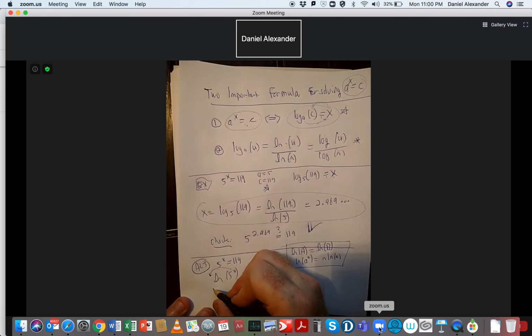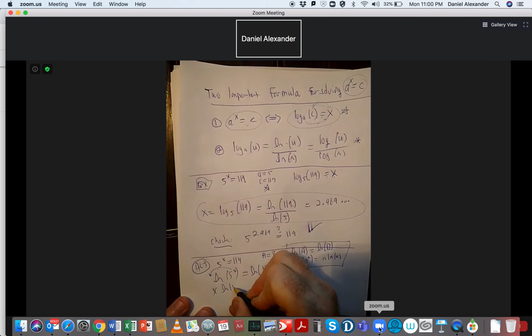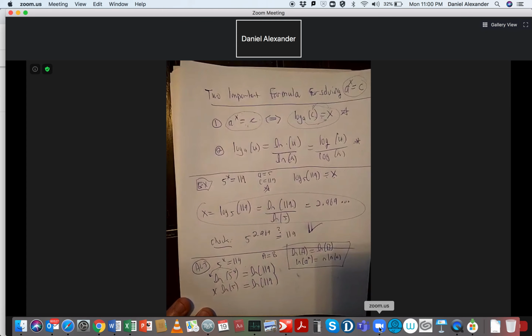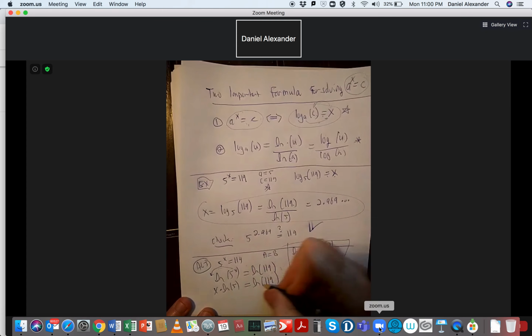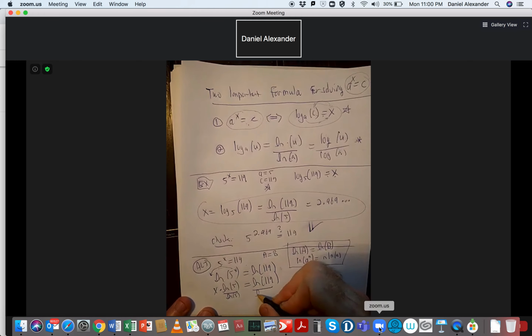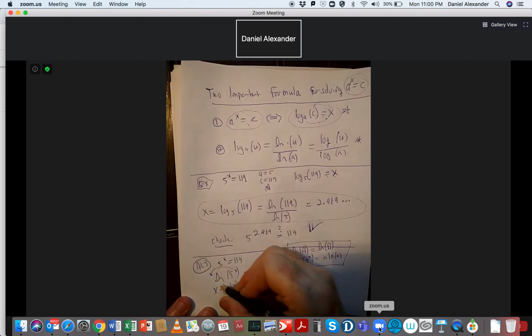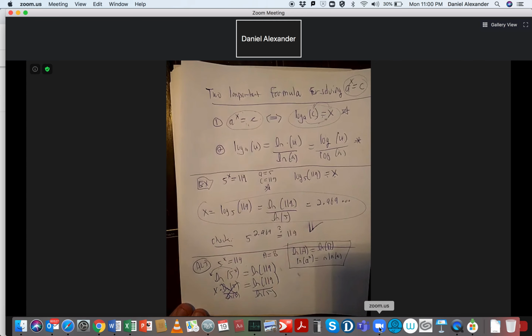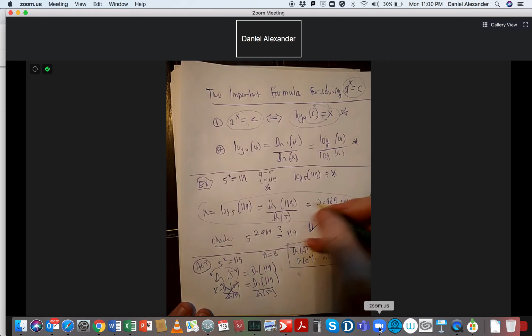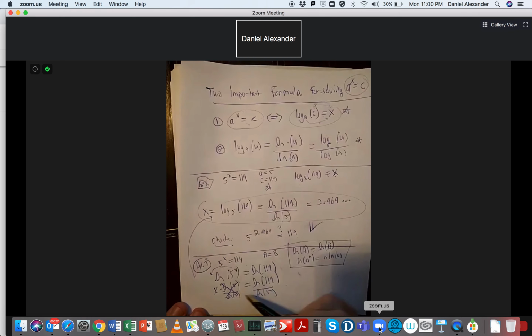So I get x natural log of 5 equals natural log of 119. And remember, this is just a number, so I can divide both sides by natural log of 5. And so what I have is that x is equal to natural log of 119 over natural log of 5, the same thing we saw before. And that's exactly what I had here.